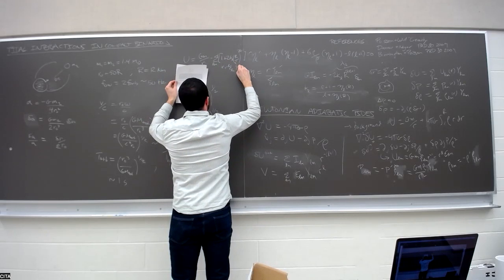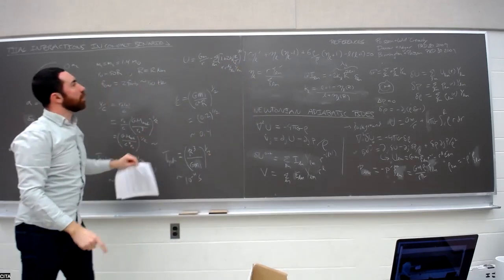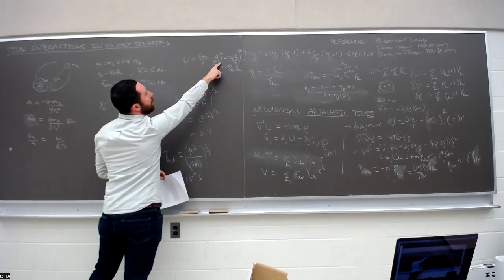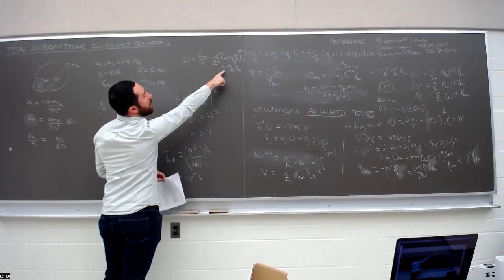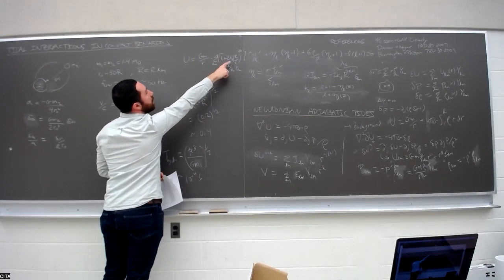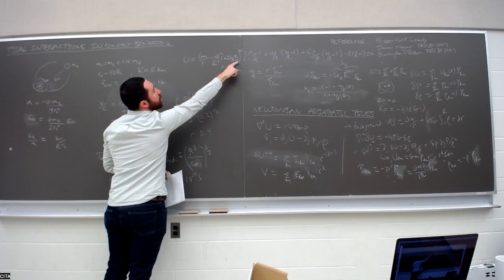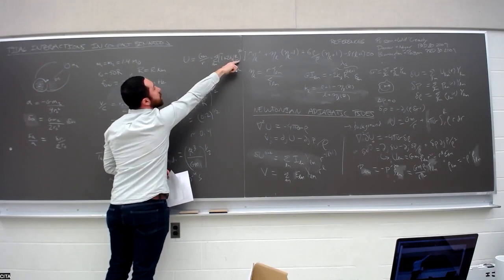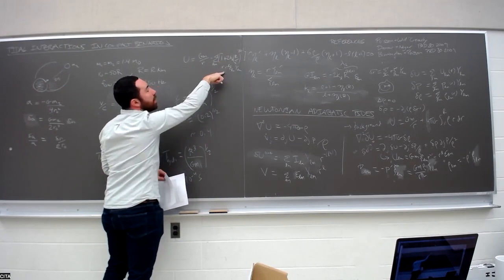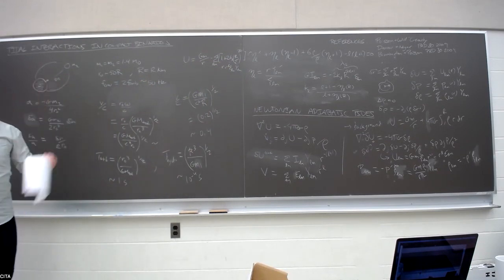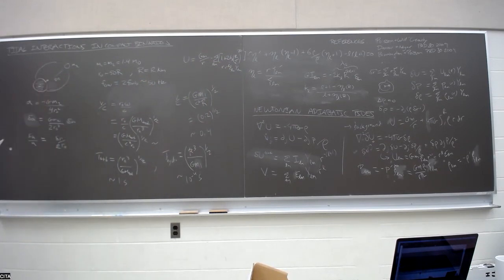So there's a piece that grows radially, which is the applied tidal field, and there's a response piece, which is going to decay radially because there's an r to the minus (2L plus 1). That's the structure of the gravitational potential.